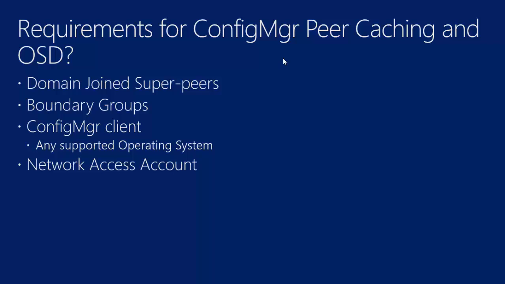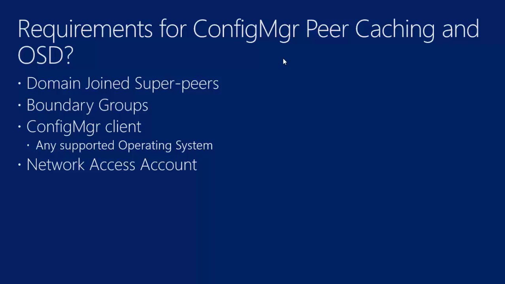A machine that has content that is able to share that content with others in its boundary group or on its same subnet within a boundary group, depending on configurations. All right. Now, the super peers, the content source peers, must be domain joined machines.